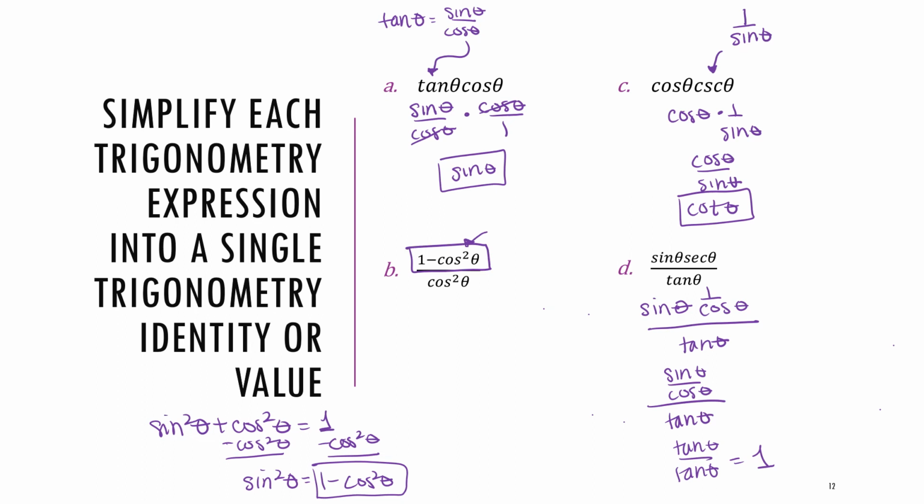Well, this is also equal to sine squared theta, so I'm just going to replace that with sine squared theta. And take a look at your tangent. On your quotient identity, sine over cosine is tangent, so I can replace this with tangent squared theta.